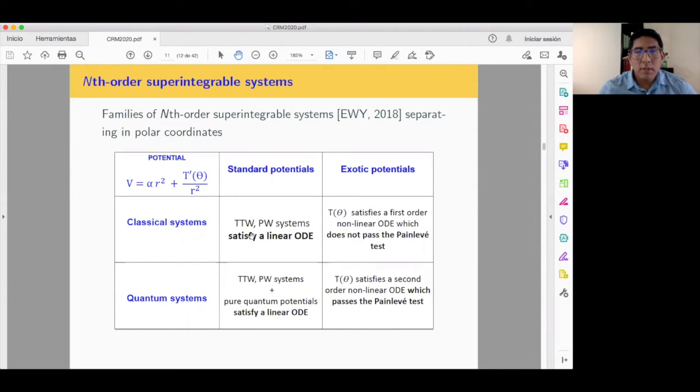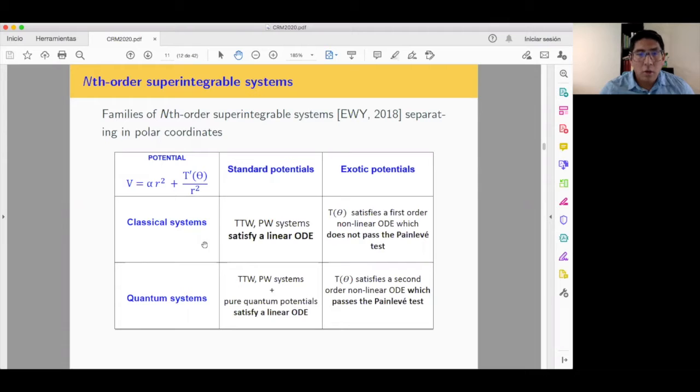What we found is that the TTW actually is one of the 4 big classes of potentials that appear in the case of separation of variables in polar coordinates. More specifically, it's a standard potential because it satisfies a linear ODE, and it is classical in the sense that it does not depend on h bar.